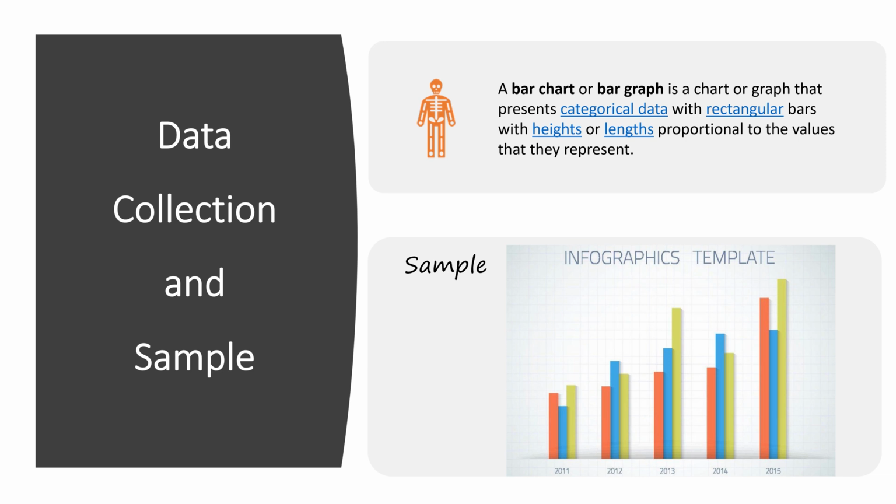A bar chart or bar graph is a chart or graph that presents categorical data with rectangular bars with height or length proportional to the values that they represent. And you can also see a sample picture in these slides.